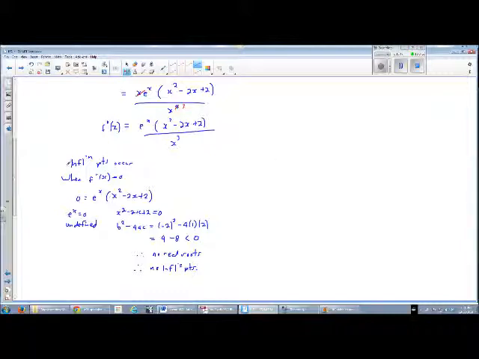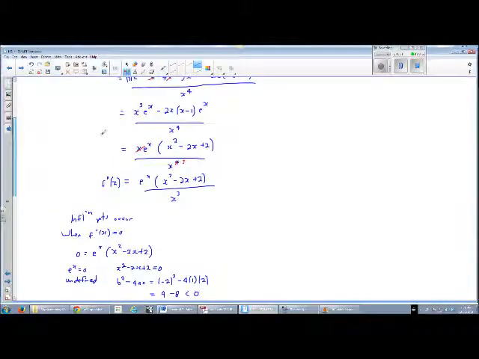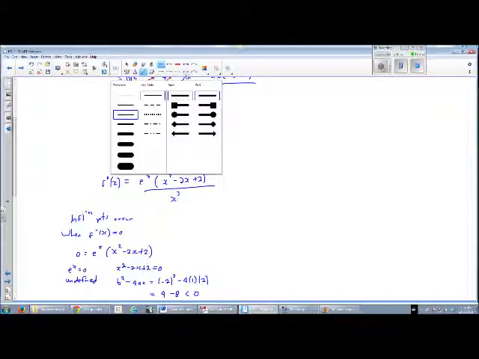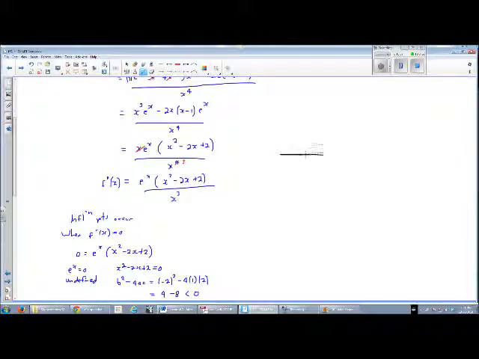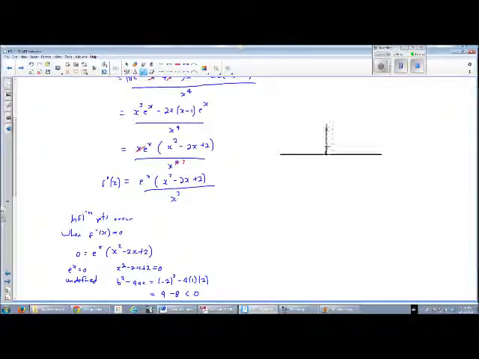So what we can do is draw the sign diagram for the concavity. But in this case, the only line that we need is where the graph is undefined. And that is, as we found before, when x equals 0.